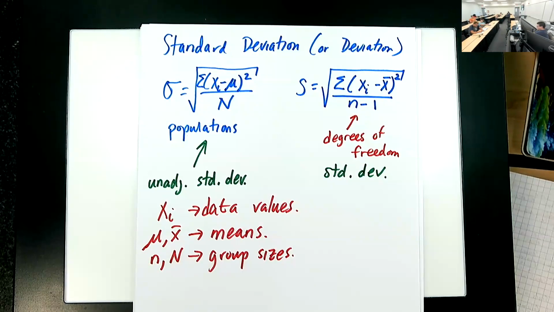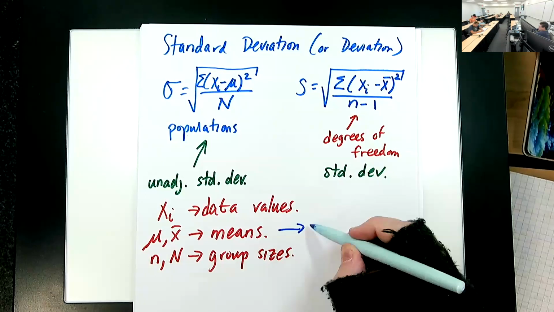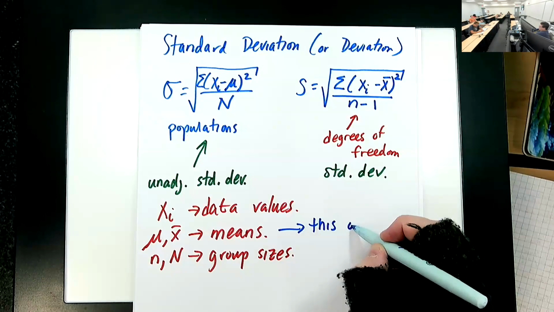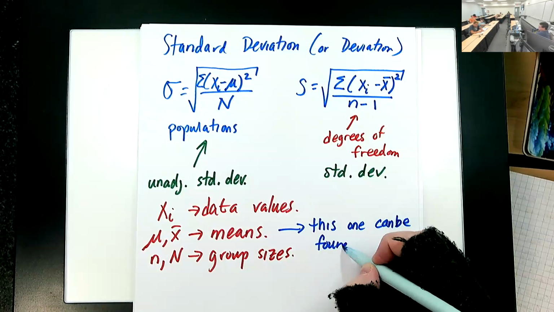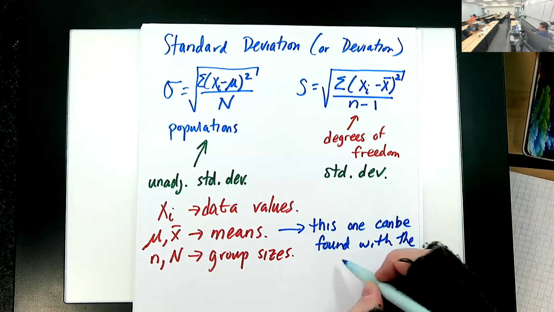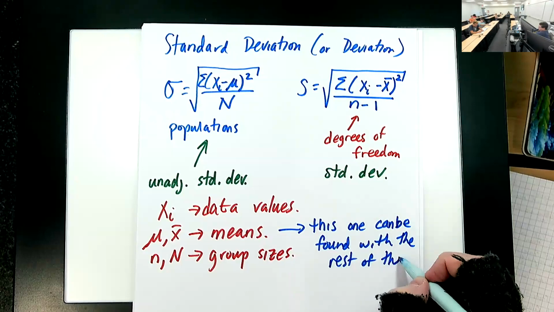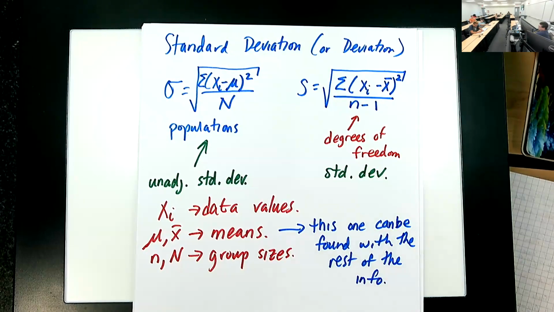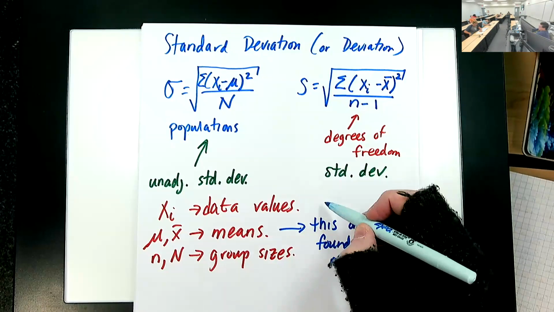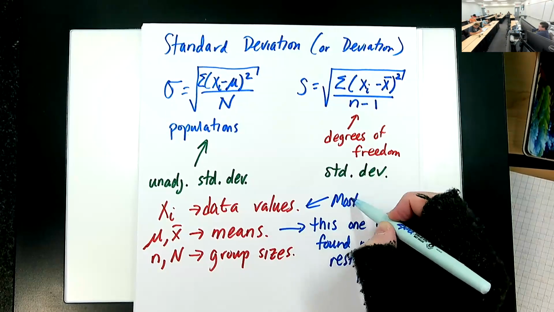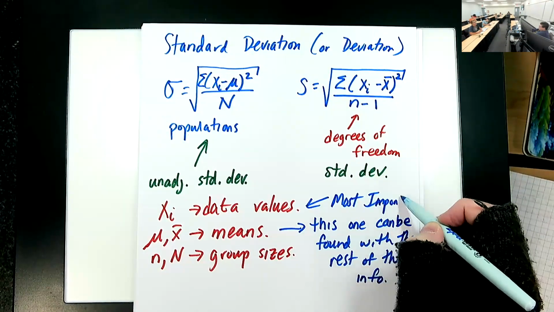If we have all the data values, the mean can be found with the rest of the info. And really, so can n. If you want to take the time, you can find n by adding up how many entries there are. So the most important thing is that we can't do standard deviation without the data values.